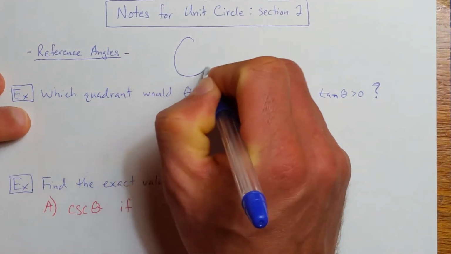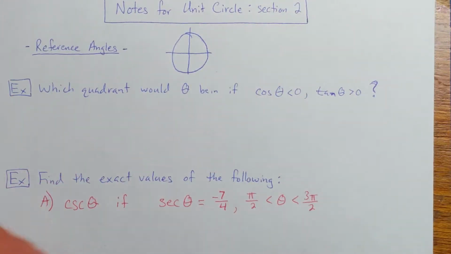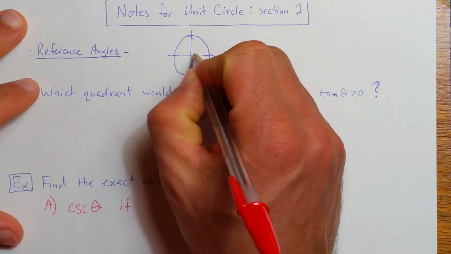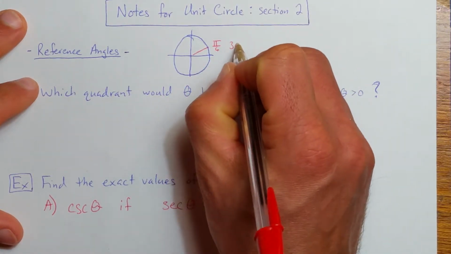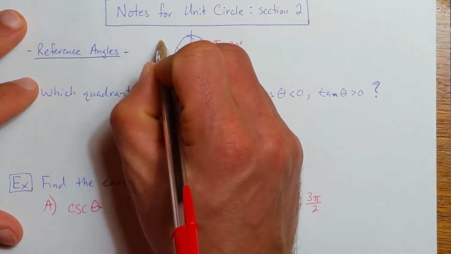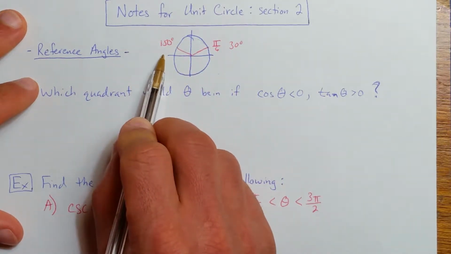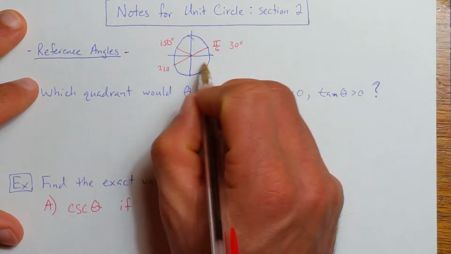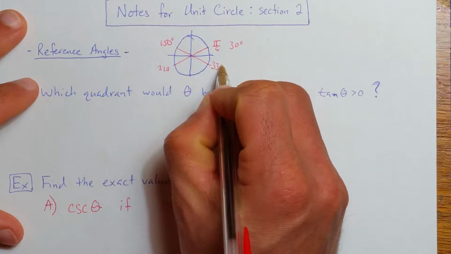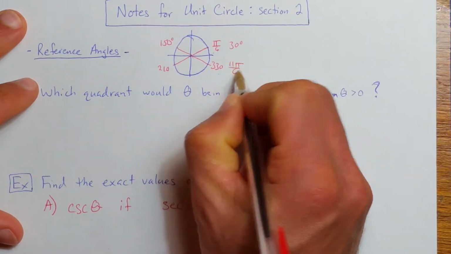Alright, so reference angles, like I said, I'm not going to spend a lot of time on that since we looked at that in the last section. That's the idea of paying attention to the denominator if it's in radians, which is typically what we work with, but noticing that all of these things are something pi over 6, which is a 30-degree reference angle, which means 150 is a 30-degree reference angle because it's 30 degrees away from 180, just like 210 is 30 degrees away, or 330 is 30 degrees away from 360, and noticing that those are all something pi over 6s.